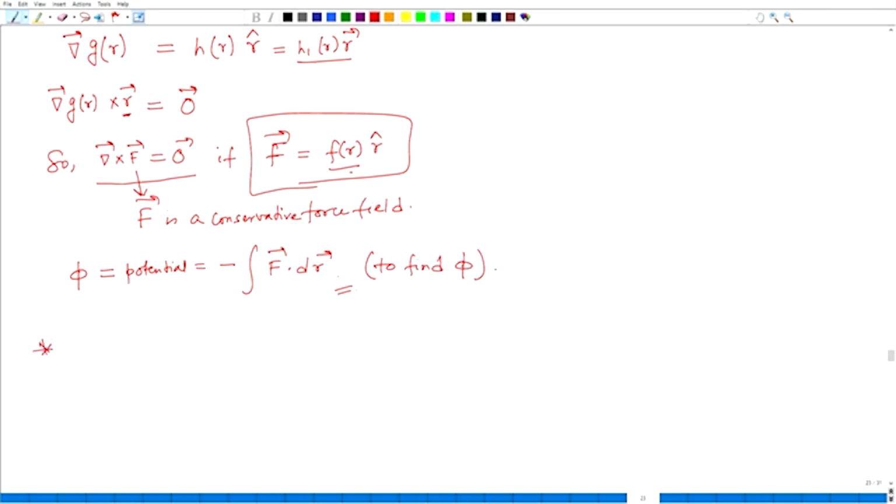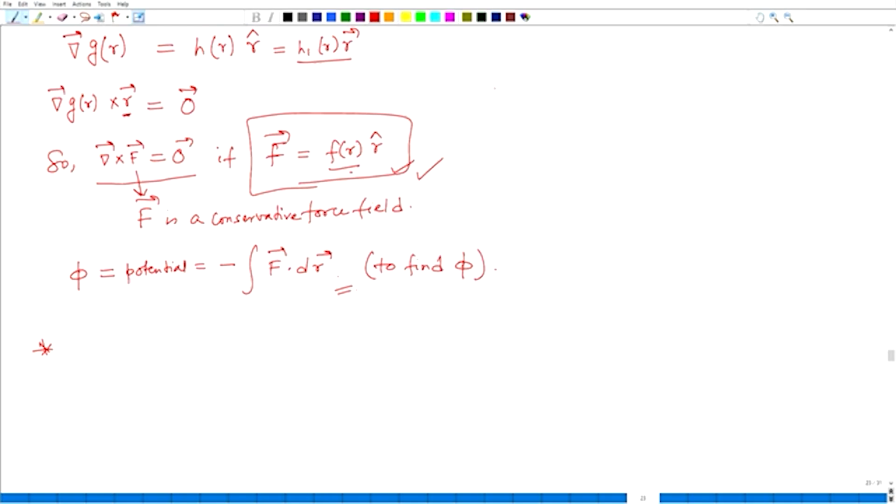So, you will again ask me why we are talking about all these things about this type of force. Because in nature actually all the fundamental forces are of this nature. For example, if you remember, a particle which is gravitationally attracted by some other particle, then this is Newton's law of gravitation. Let us say you have a particle of mass m1, and some particle is situated at some distance r with mass m2.